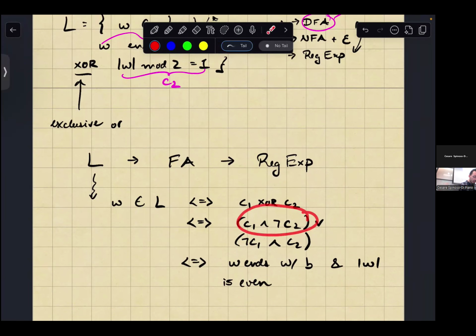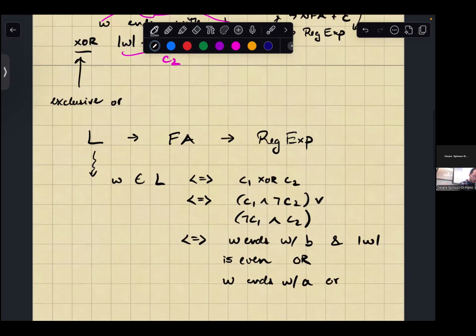The other type of string is the negation of this, which is when, and in this case it's a regular disjunction, the negation of C1. So W does not end with B, which means that W either ends with A or it's empty, because the empty string doesn't end with B, or W is empty.